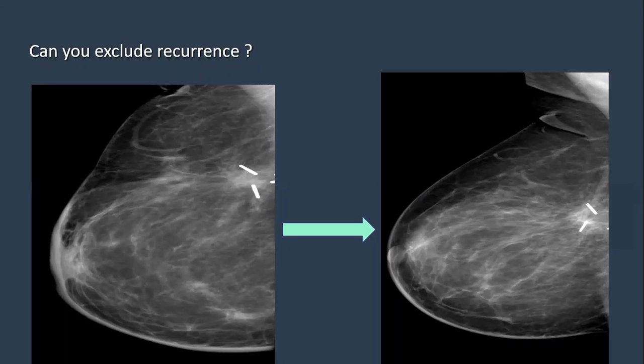According to the type of calcification itself, is it suspicious or benign? I told you that you have a large ball of coarse calcifications. Large ball, you mean rim, or what do you mean? Dystrophic calcifications.